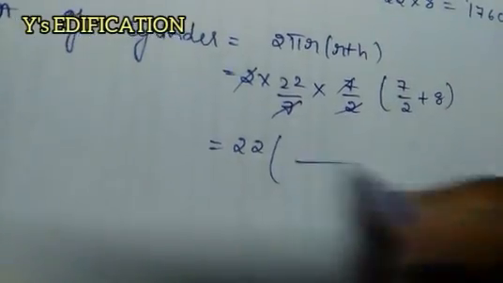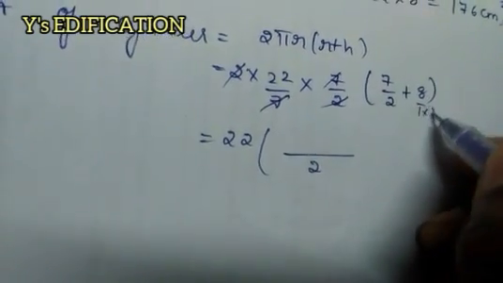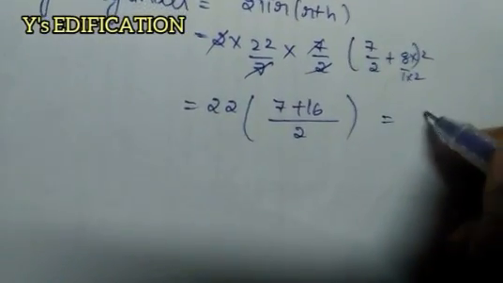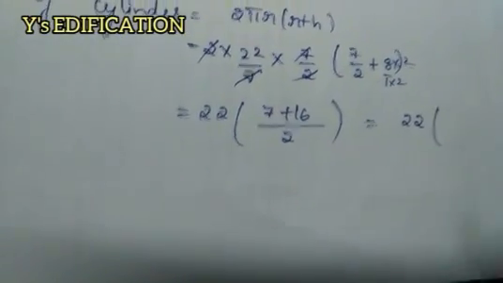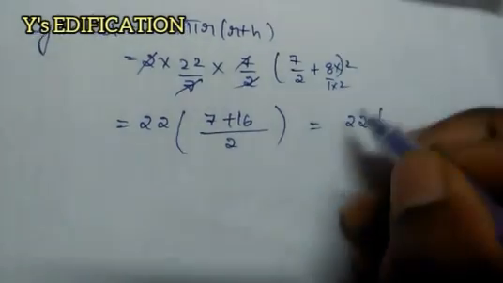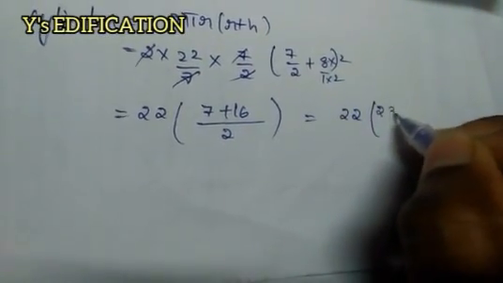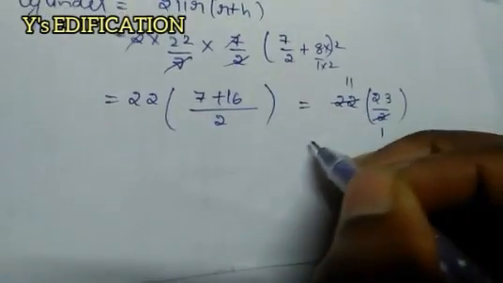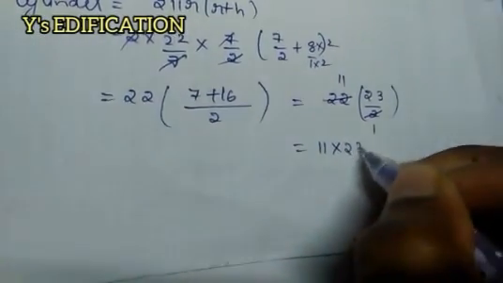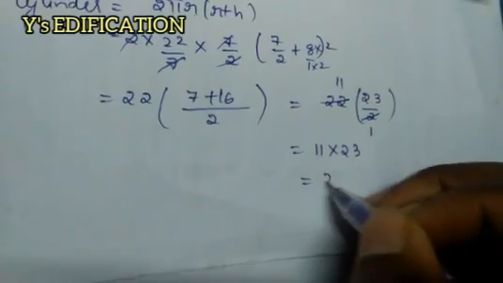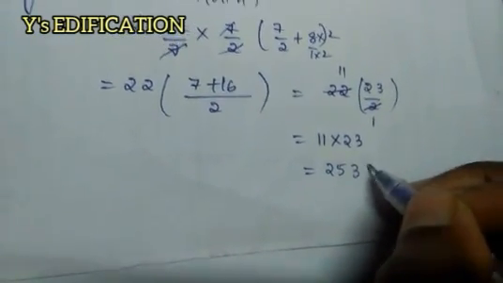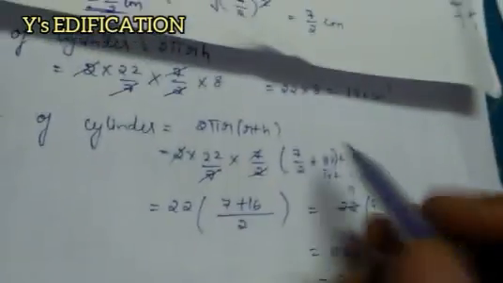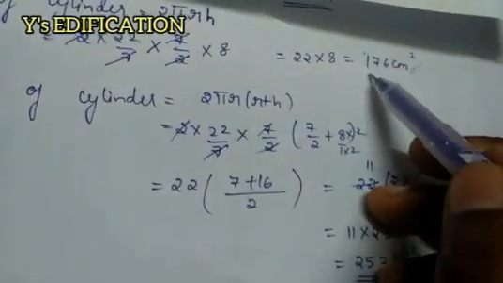So let us take the LCM here. 2 is the LCM. 7 plus 16, that means 22 into (16 plus 7) by 2, which is 23 by 2. Now 2 into 1 is 2, 2 into 11 is 22. So 11 into 23. What is 11 into 23? 253 centimeter square. So this is the TSA of the cylinder and that is the LSA of the cylinder.